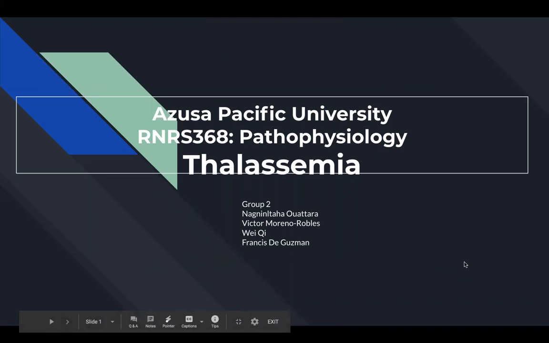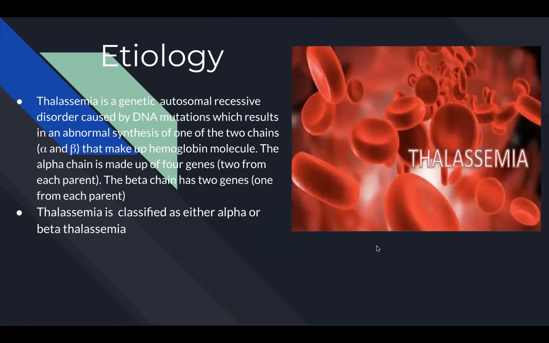Hi, everyone. Our group presentation will be about thalassemia. Next, please. Thalassemia is a genetic autosomal recessive disorder. It is caused by mutations in the DNA.